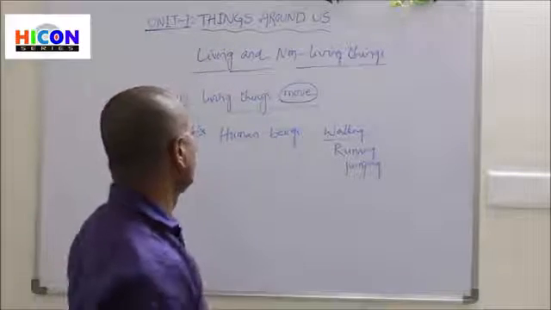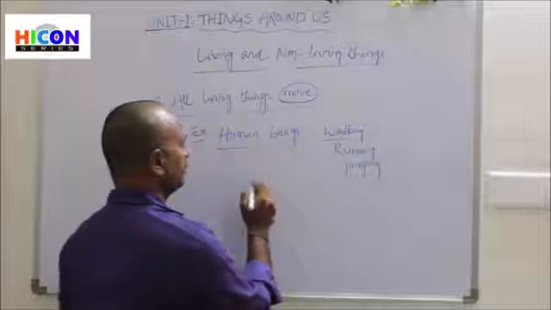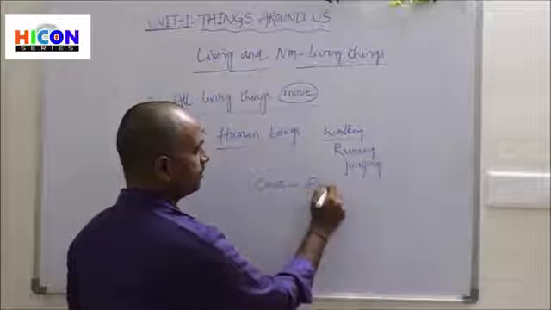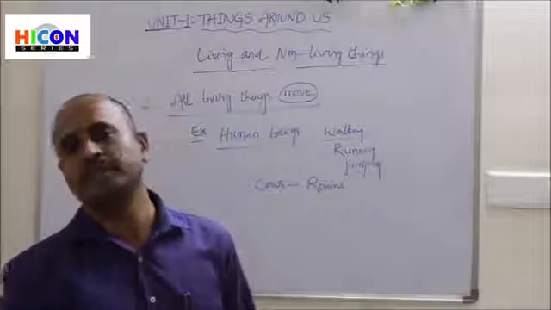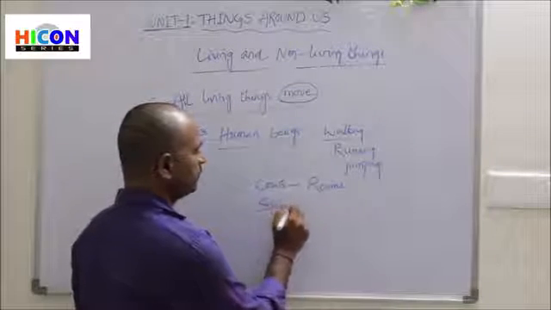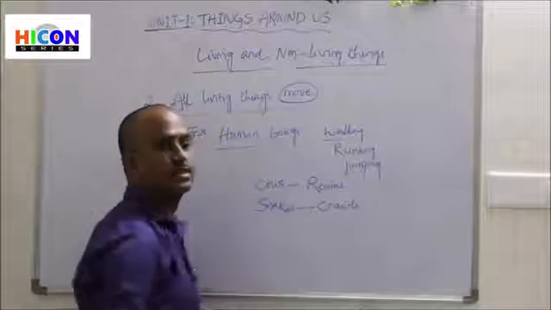Whereas if you consider animals, that means if you consider cows, they will roam while they are moving from one place to another place. And if you consider snakes, they will crawl from one place to another place.